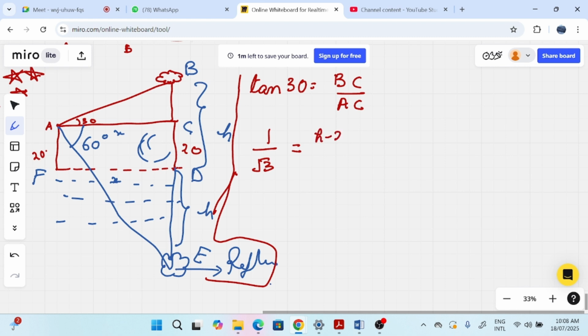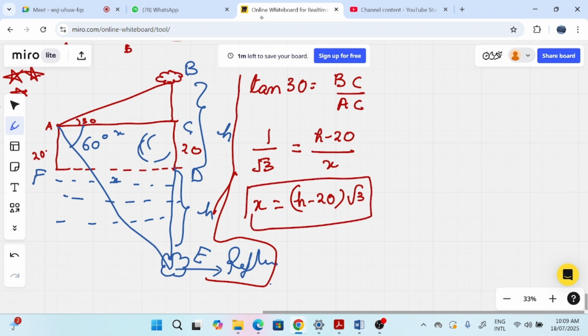AC is X only. So we can say X is equal to H minus 20 root 3. That will become our first equation.